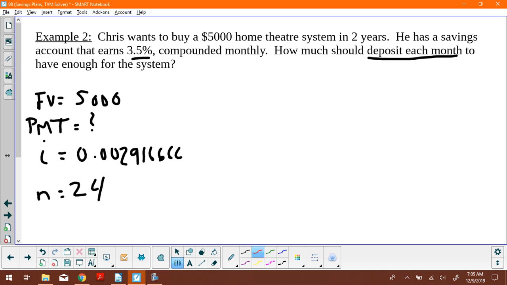Now we're going to switch to our annuity formula to figure out what the payment would be.